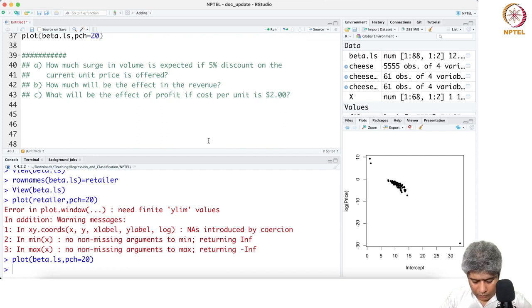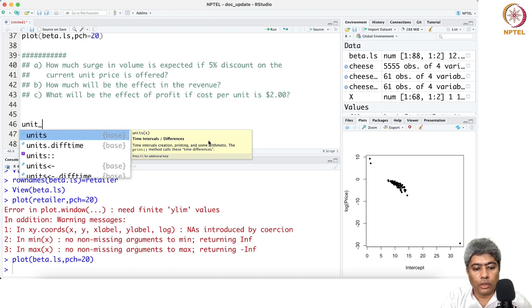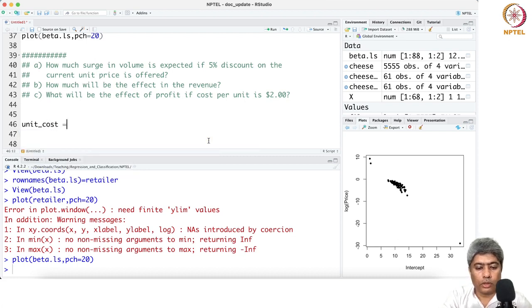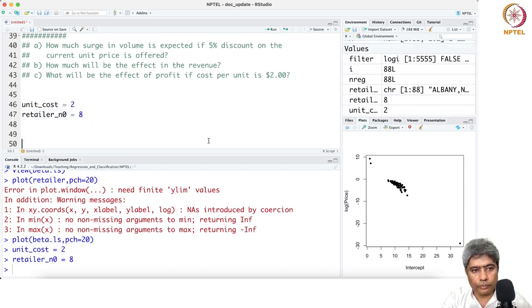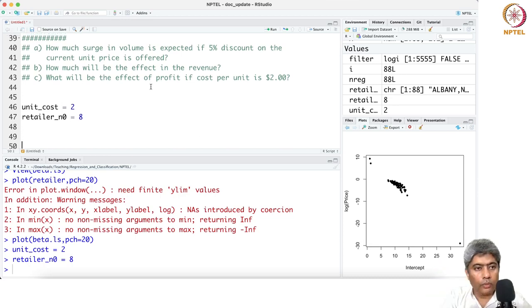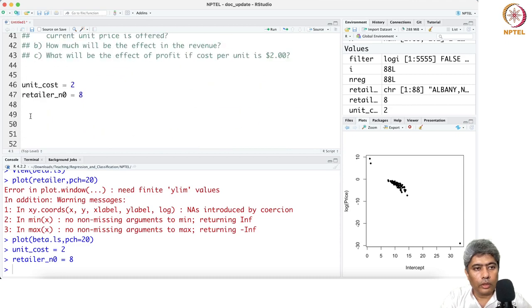So the first thing is unit cost is 2, right? And let us take a retailer number, maybe 8. Retailer number 8, who is this?